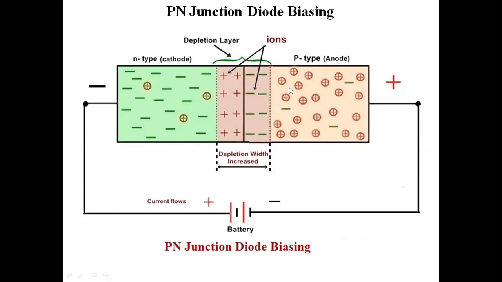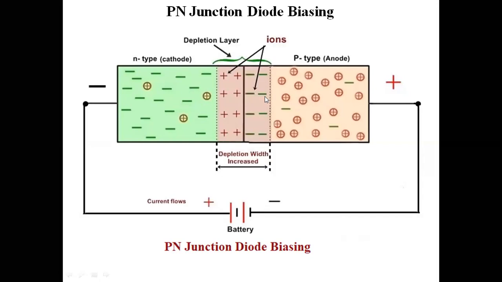The movement of electrons and holes takes place very rapidly. Therefore, the flow of current in this PN junction diode is very large, in the range of milliamperes.